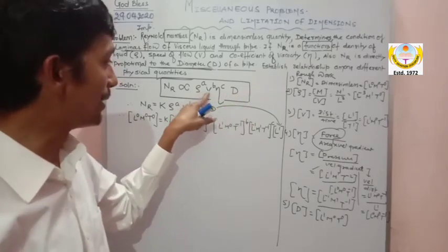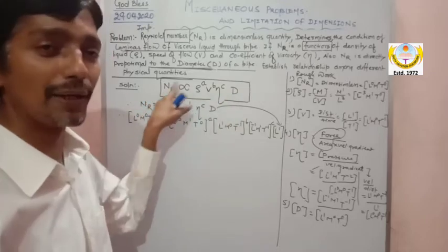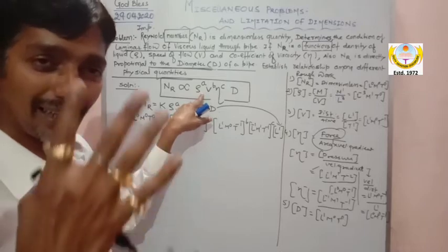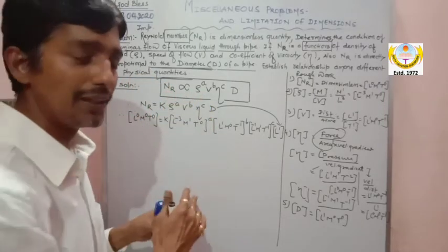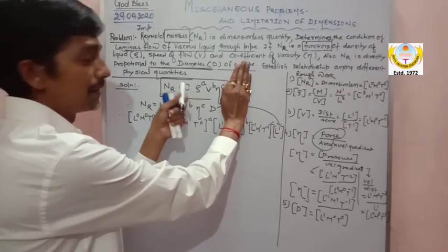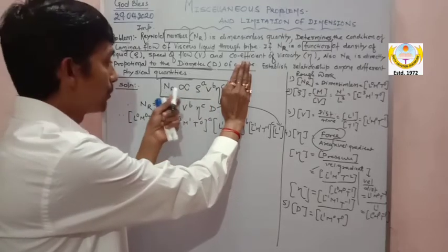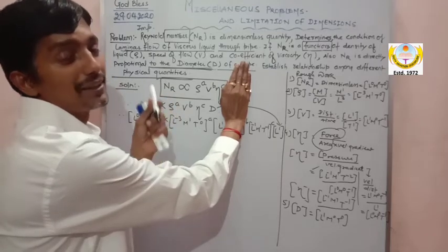Here there are 4 quantities, and one quantity depends on them, so in all there are 5 quantities. Whatever proof we have done, we have only 3 quantities on the right side and 1 quantity on the left side, which depends on those 3 quantities. This is the limitation, the problem in dimension.